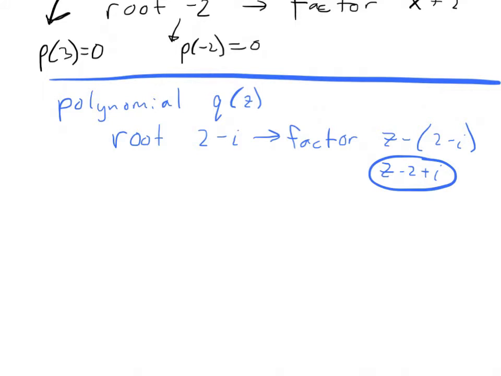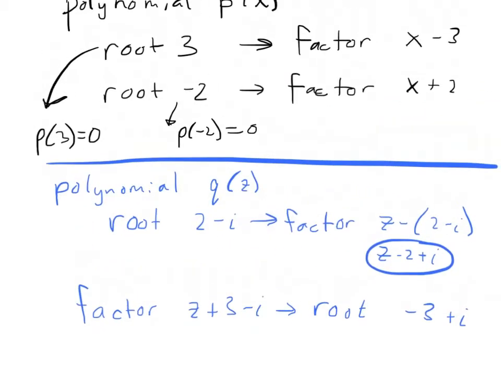Right? Similarly, we can do this the other way around. Suppose that someone told you that one of the factors of the polynomial was z plus 3 minus i. Well, that would tell you that one of the roots would have to be -3 plus i. The moral of the story up here is that whatever the root is, you have the opposite of that after an x.